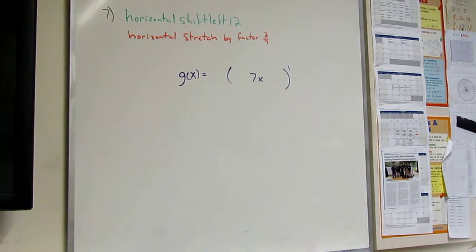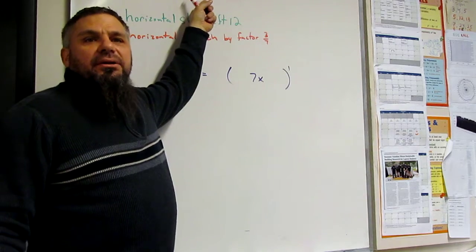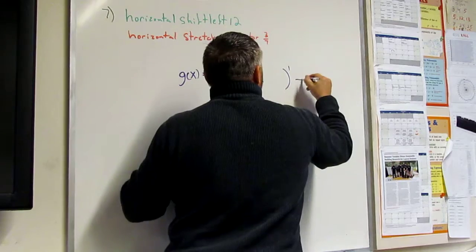You see how that is? But the plus 1 is not inside that x, right? The plus 1 is not inside this power of 1. You see that? It's on the outside of it. So that's why we're putting the plus 1 right here.